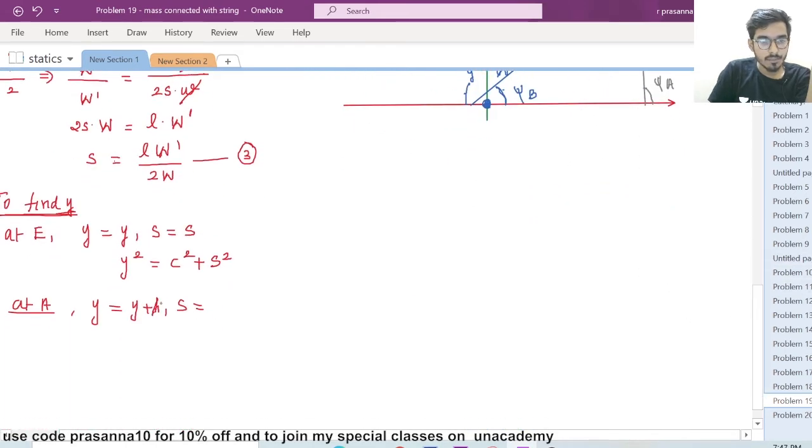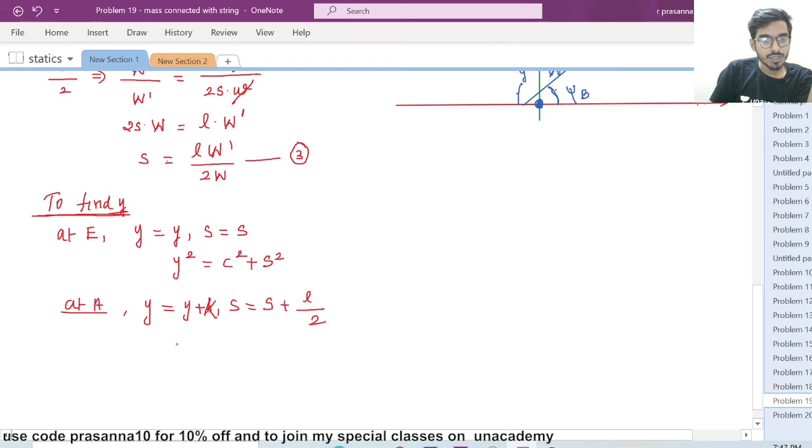So y plus k, and S is S plus L by 2. Now what is the relation between y and S? y square is equal to C square plus S square. This implies y plus k whole square is equal to C square plus S square, where S square is S plus L by 2 whole square, right? Let's call this equation number 4.